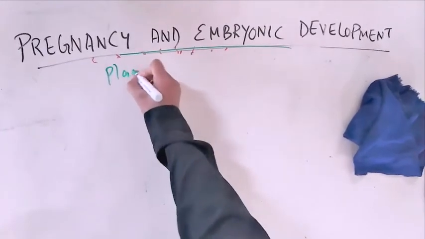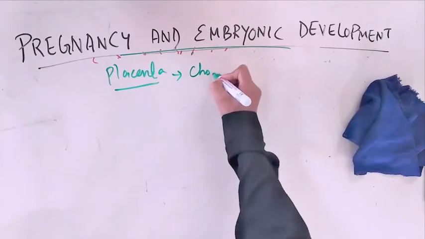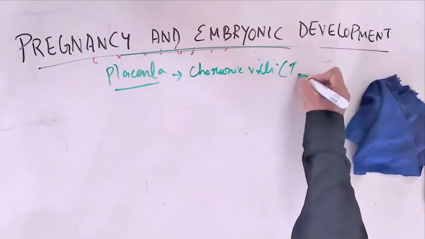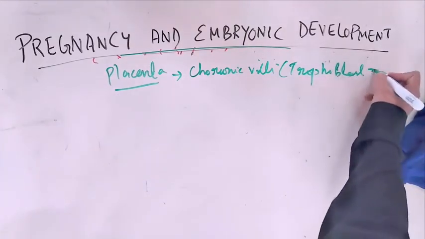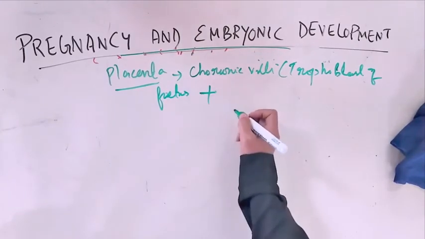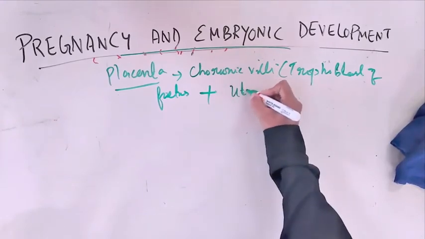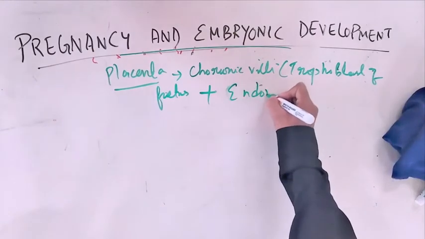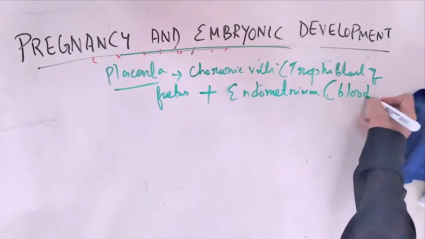So placenta, chorionic villi from the trophoblast of the fetus, plus the maternal body. Endometrium, don't forget the endometrium. It has the blood vessels.